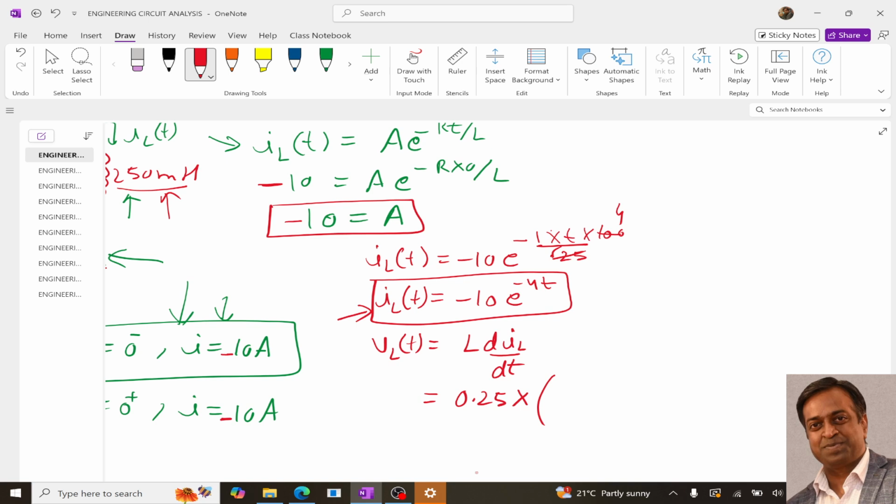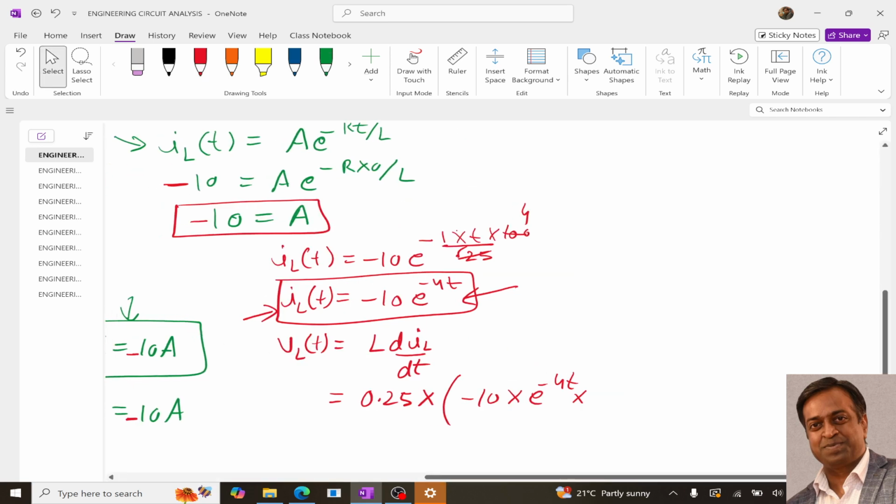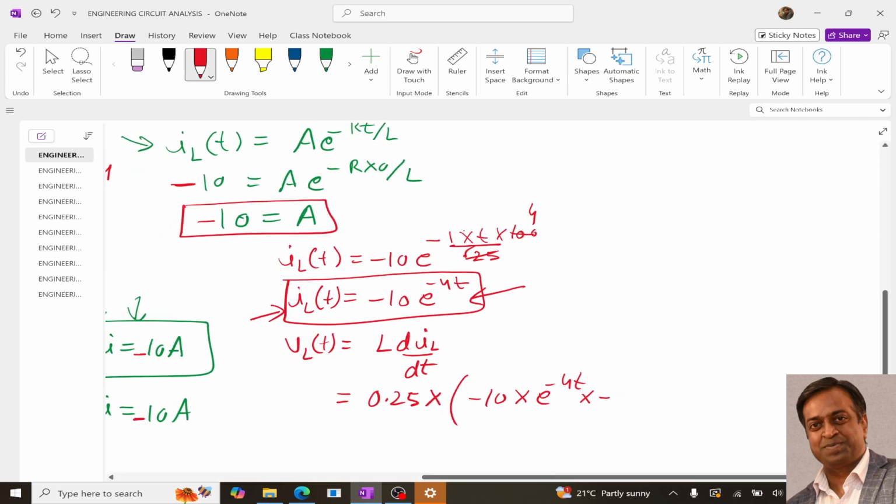Differentiating this expression, we will get minus 10 into e power minus 40 into minus 4, right? So this 0.25, if we put it, we get this 4, and this 4 will be cancelled with this, so minus 1, right?